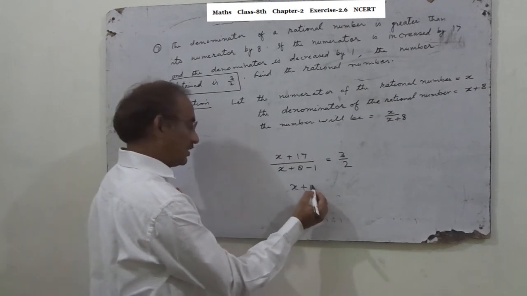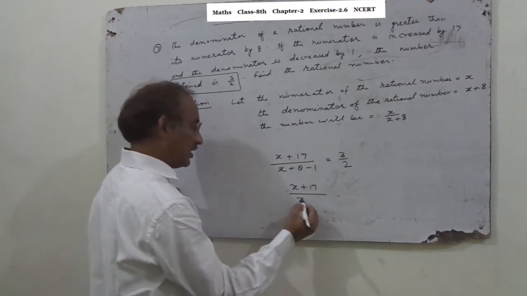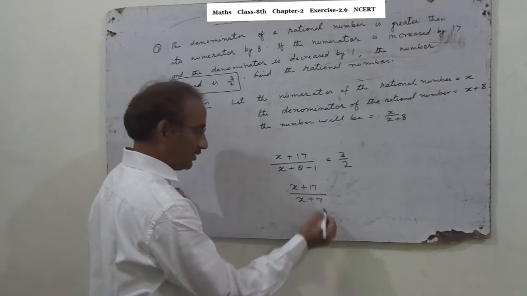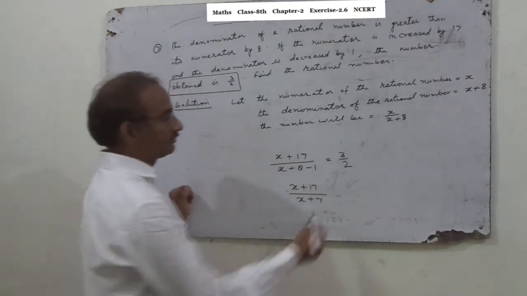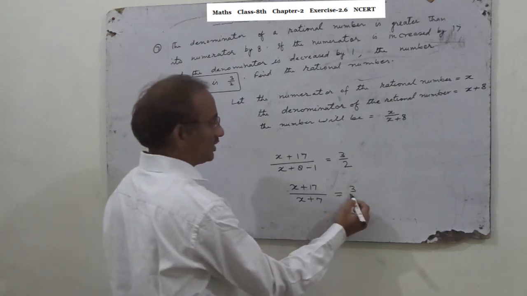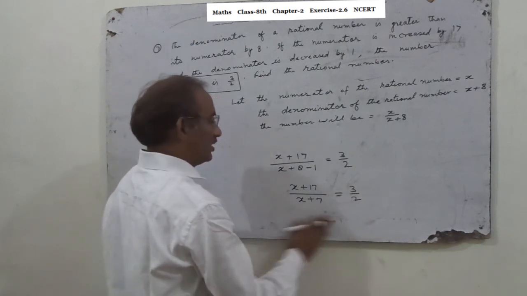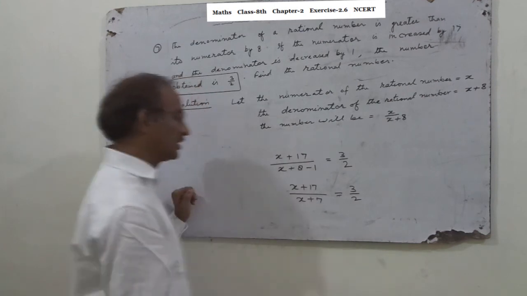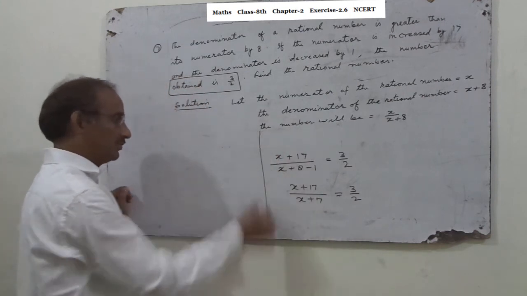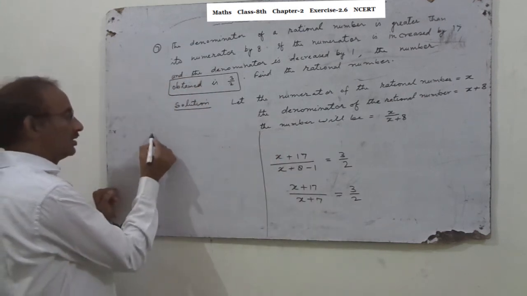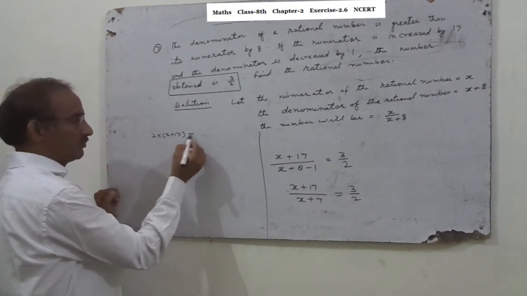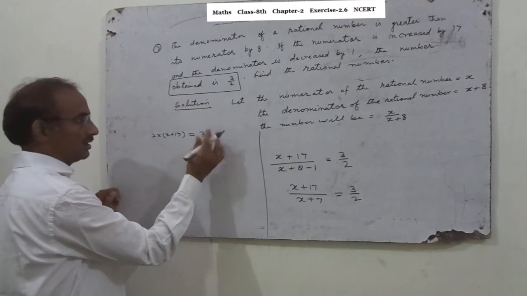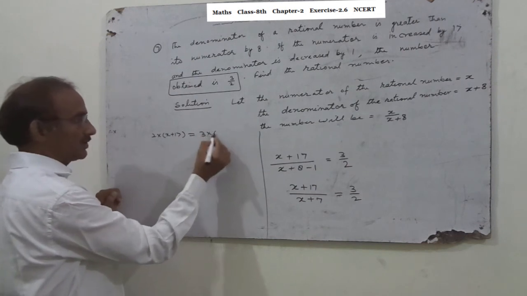Here we can write x plus 17 upon x plus 7 because 1 is subtracted from 8, equal 3 upon 2. Now using cross multiplication method we have 2 into x plus 17 equal 3 into x plus 7.